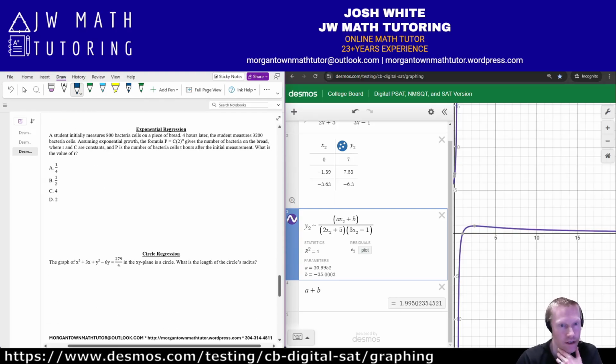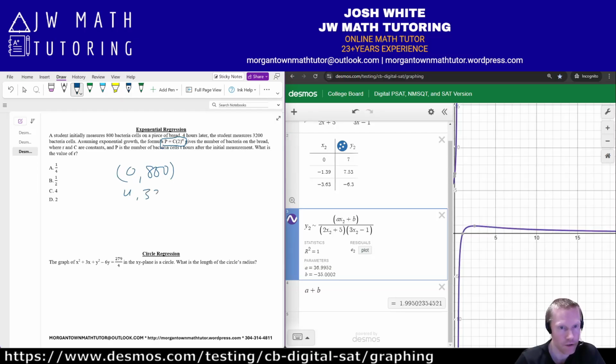So let's look at exponential regression. So here you have a word problem, and it gives you the basic formula right here for the number of bacteria cells on a piece of bread. They tell you to start with 800, so that means when time is 0, you have 800 cells.